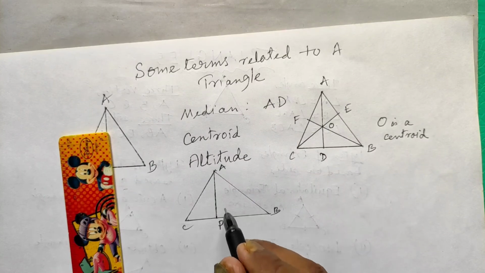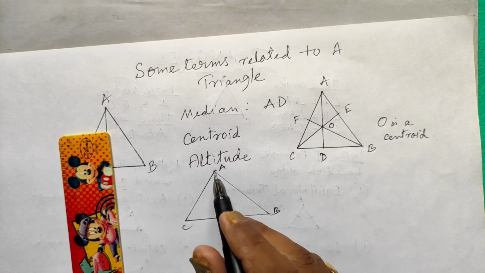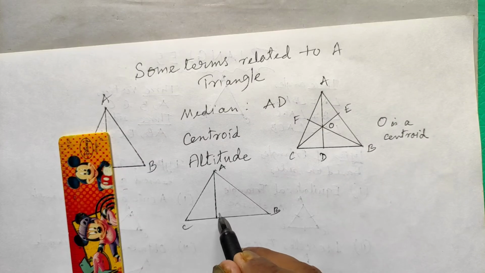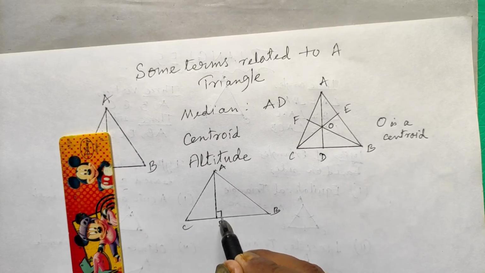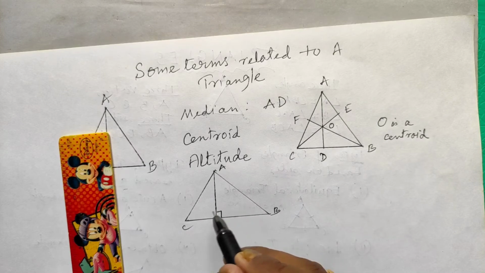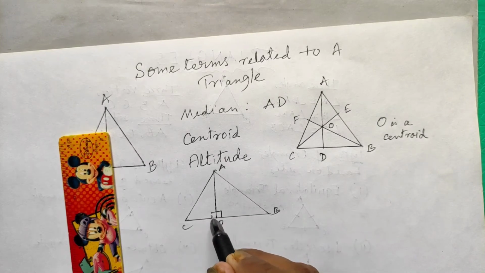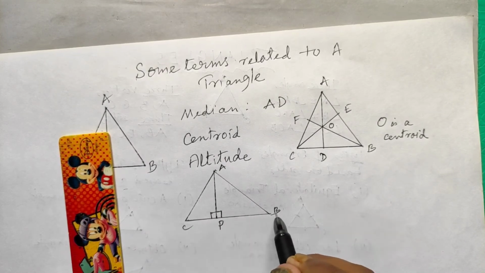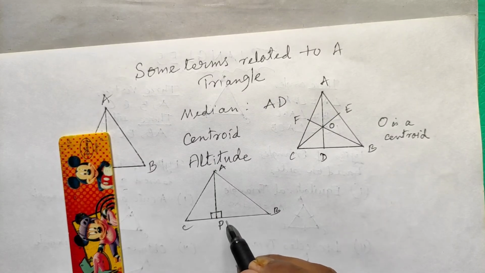Remember that when you draw this altitude, it divides the angle into 90 degrees, this part is 90 degrees and this part is 90 degrees, that is 180 degrees, because one straight line always contains 180 degrees.